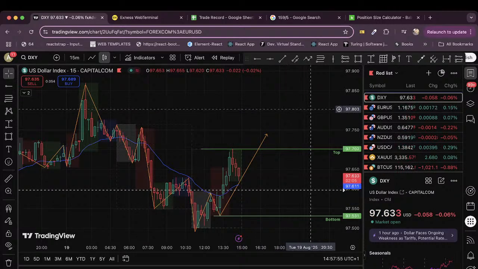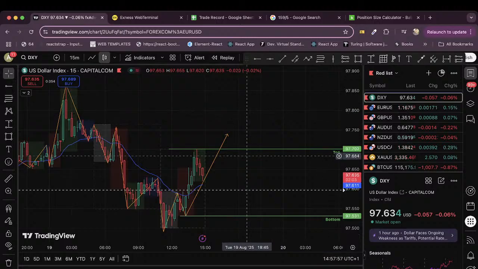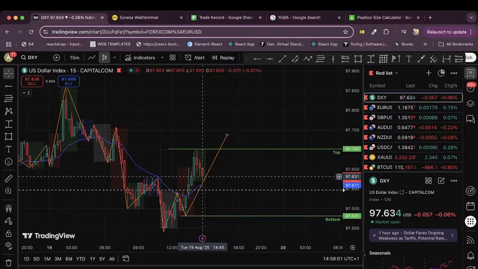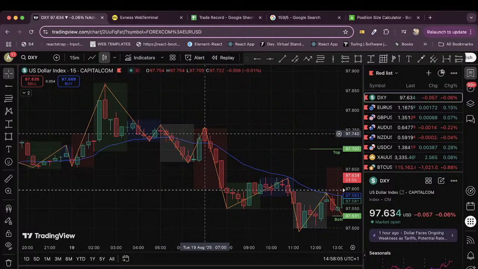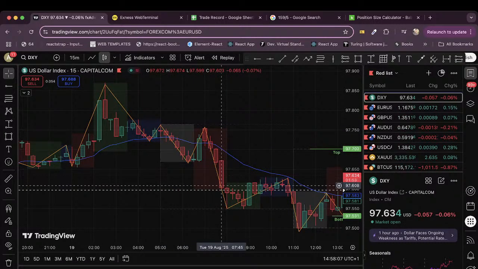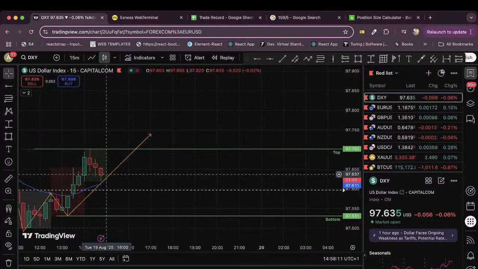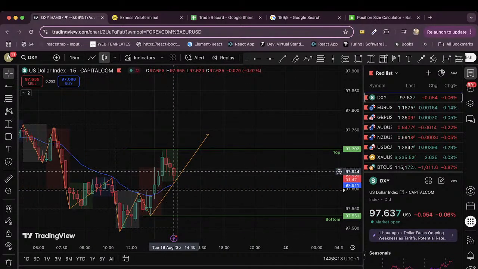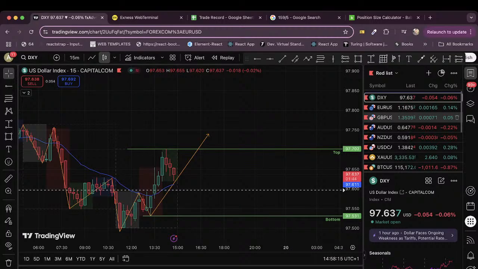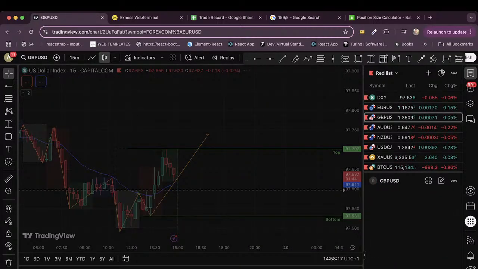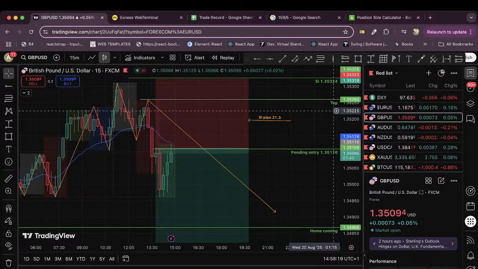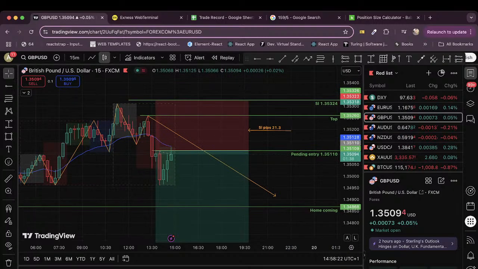But the good thing is that at least we can consider this to be a pullback, because as these red candles are coming in, they are not as huge as these previous ones here. You see, these ones here are way huge compared to what is going on here. So that's like the only good news I can see so far, and that's why we are still a little bit relaxed. You feel me? That's why we are still a little bit relaxed on that.